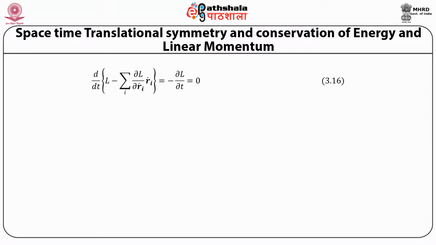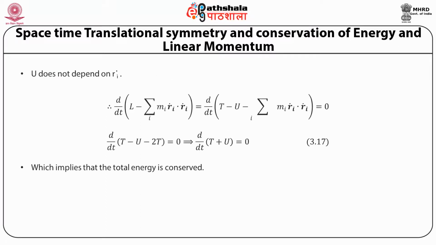This can be cast in the form that d/dt of L minus the sum over i of ∂L/∂ṙ_i ṙ_i is equal to minus ∂L/∂t, which is equal to 0. Now L is equal to T minus U, where T is equal to half the sum over i of m_i ṙ_i ṙ_i, minus U of r_i. Therefore, ∂L/∂ṙ_i is simply m_i ṙ_i, since U does not depend on the velocity; we assume U not to depend on the velocity.